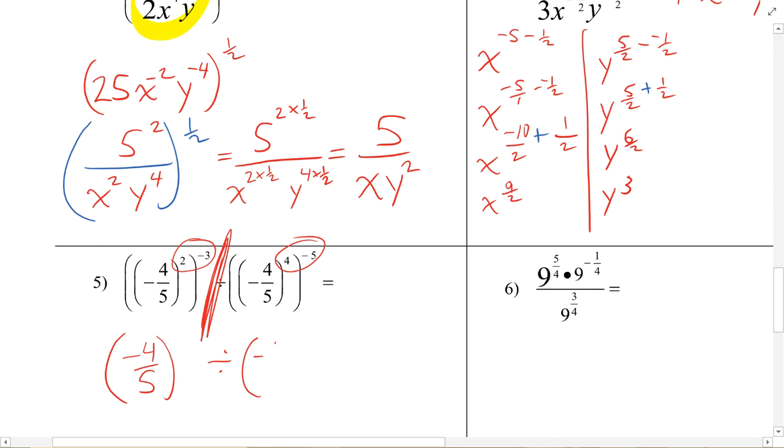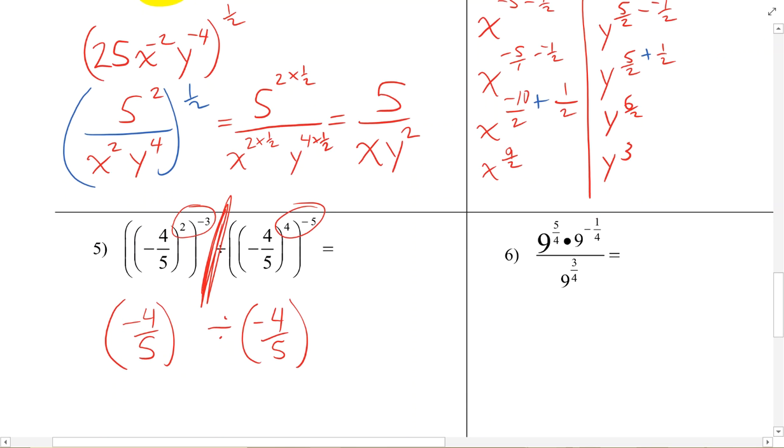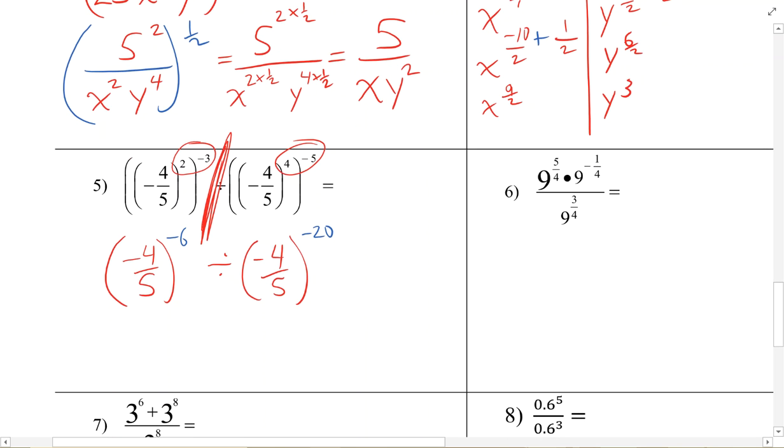Divided by negative 4 over 5 to what exponent? So negative 6 and negative 20. Okay. Now you could fix the negative signs, but let's not, because we don't know what we're going to get when we do our division. So let's do our division.